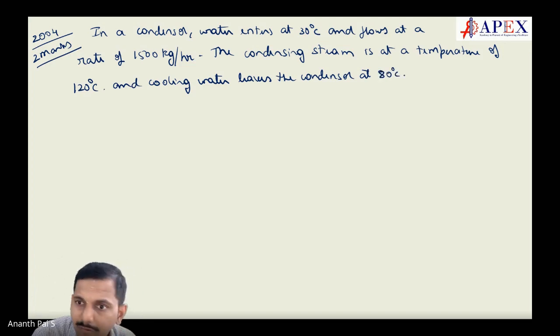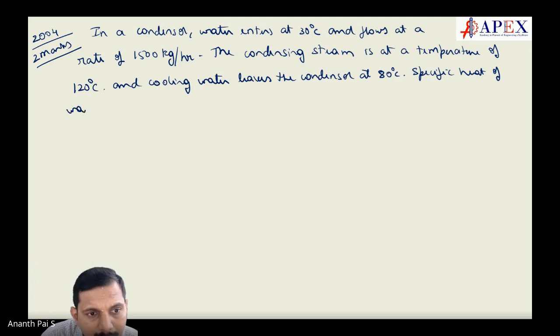Specific heat of water is 4.187 kilojoules per kg Kelvin.